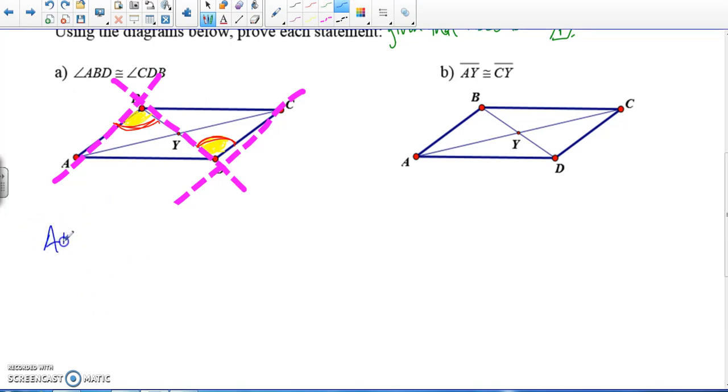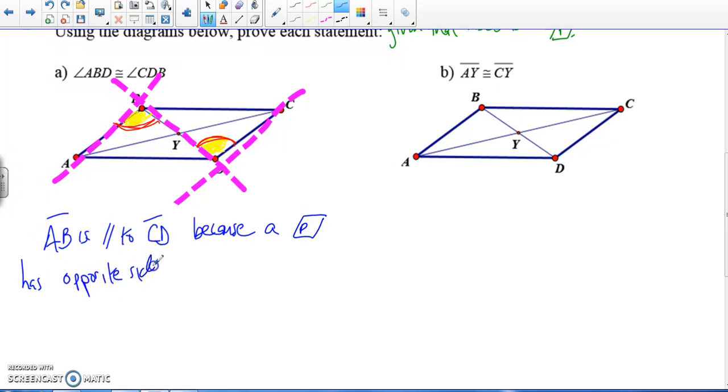So the first thing I can say is that AB is parallel to CD, because a parallelogram has opposite sides that are parallel. And now a big thing. Now that we know those lines are parallel, we can say for a fact that the alternate interior angles are congruent.